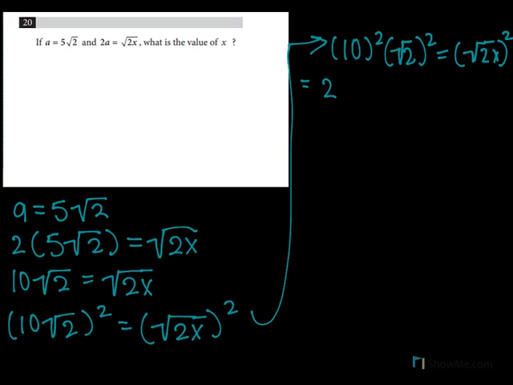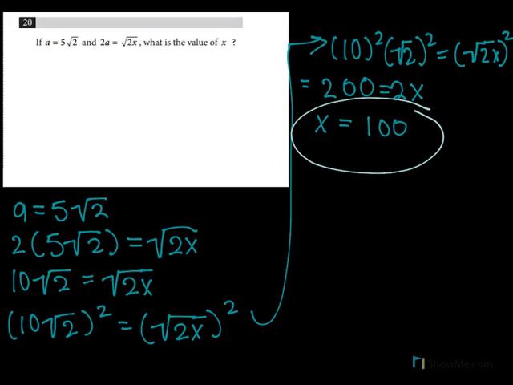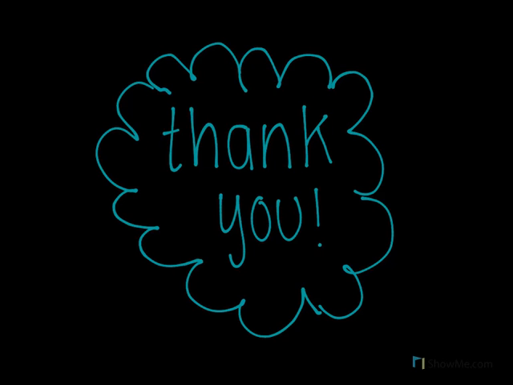So to further simplify it, we can write it out as 200 equals 2x, which is basically just x equals 100. So x equals 100 is our final answer.